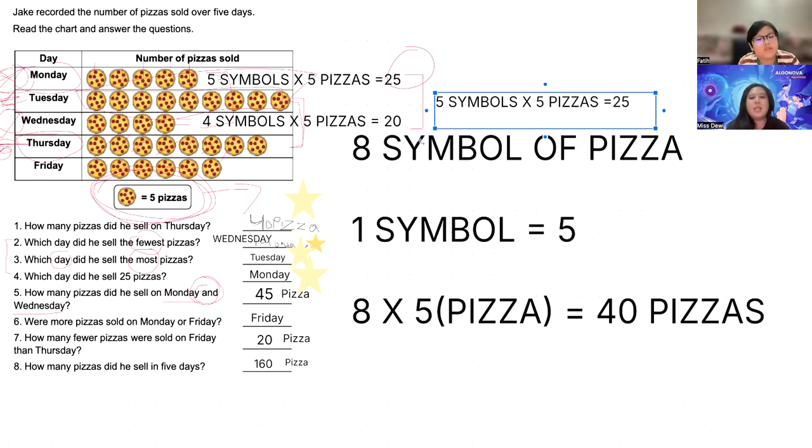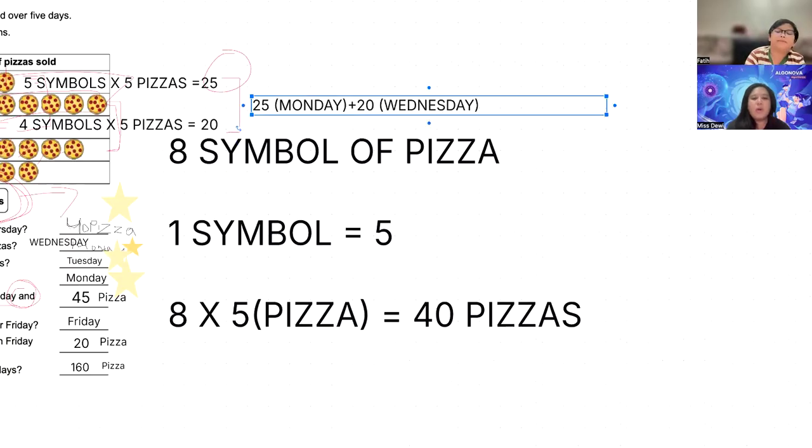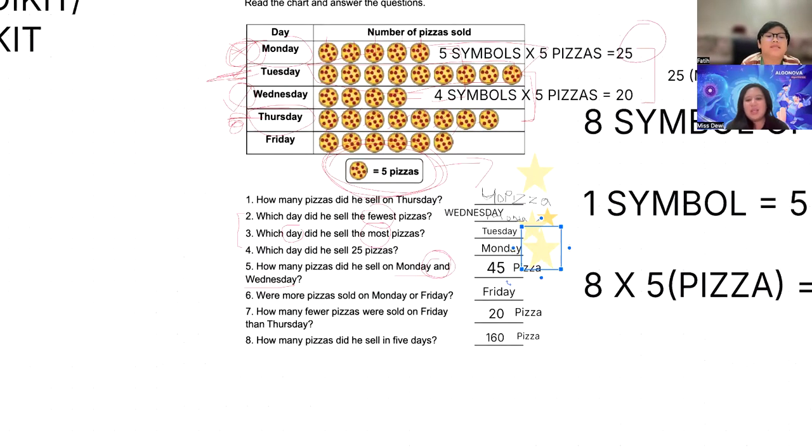Okay, the total is very easy. 20 plus 25 or 25 plus 20 equals 45. Yay! Again, another big star for you. Good job, Fatih. Let's put it in here.